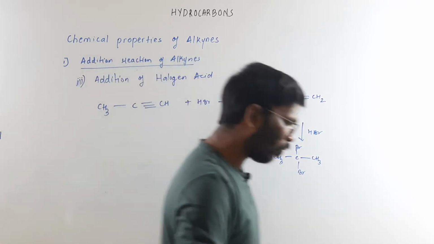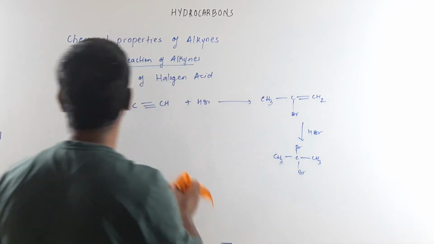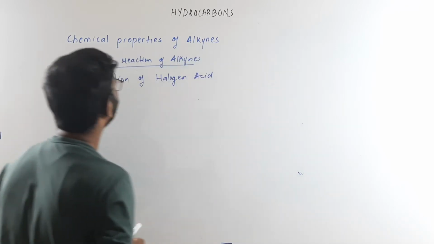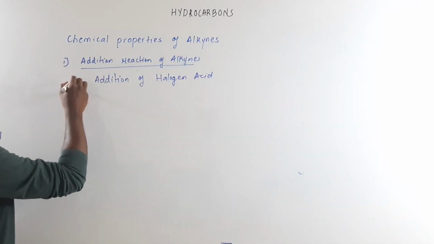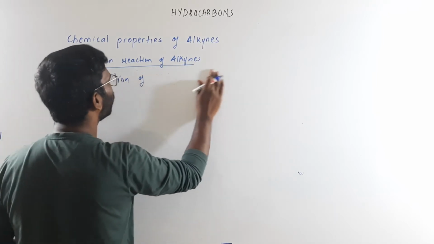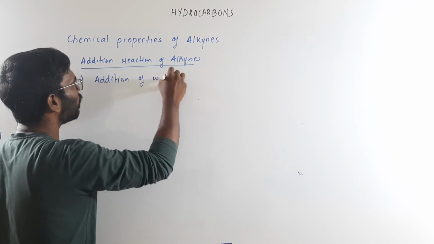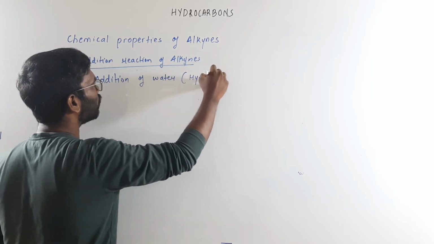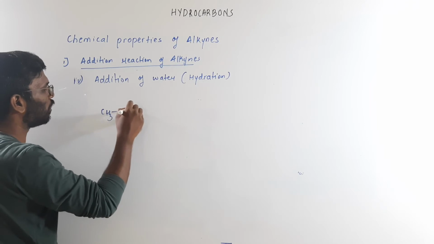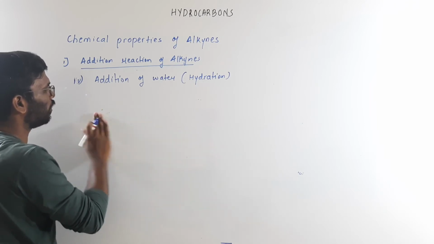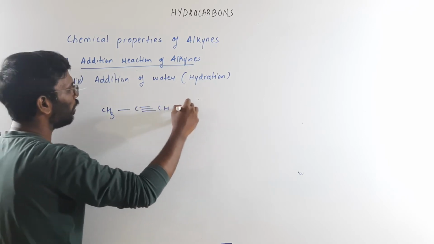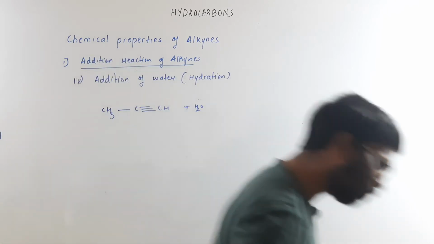Now let's understand what will happen if we add a water molecule. So the fourth reaction I am writing is addition of water, that is hydration, to the alkynes, right? If we are hydrating it, let's take this alkyne, CH3, C carbon-carbon triple bond, and we are doing the hydration reaction.